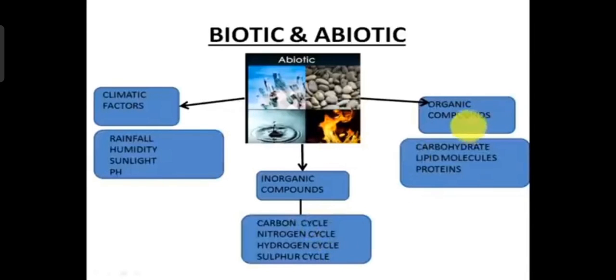Now let's come to organic compounds. Organic compounds will have carbohydrates, the lipid molecules and the proteins. So all these three categories will constitute abiotic components. And these biotic and abiotic components are present in almost every ecosystem.